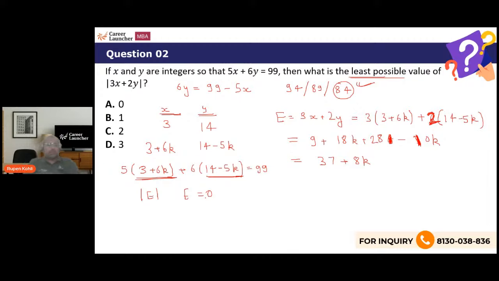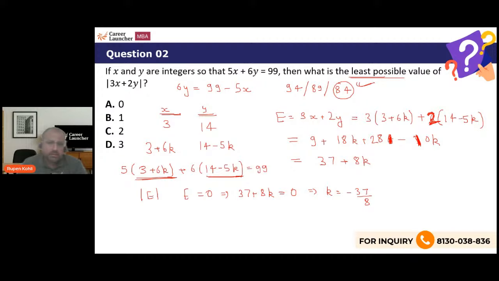Now the challenge, however, is that if I put e as 0, I'm getting the value of k as a fraction. It is coming to be minus 37 by 8, which is not an integer. So this expression can never be exactly equal to 0.